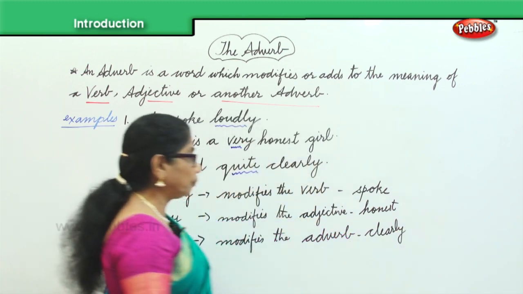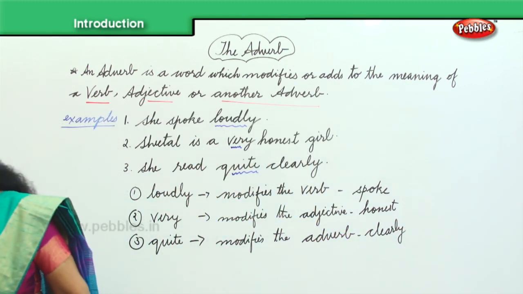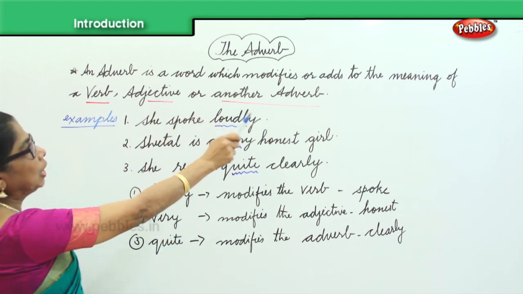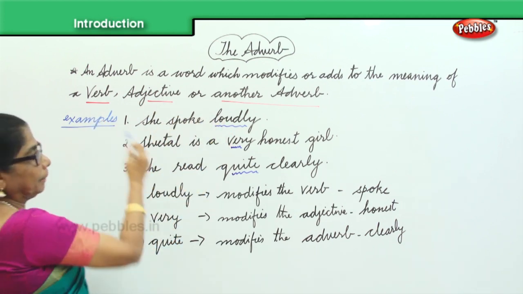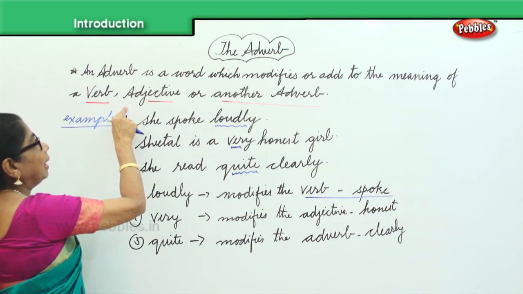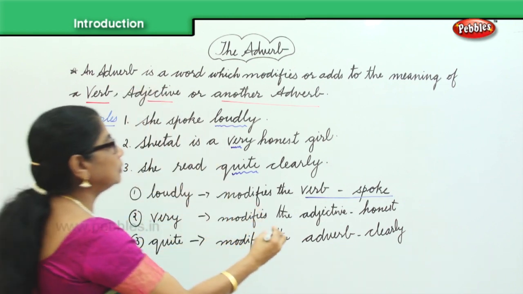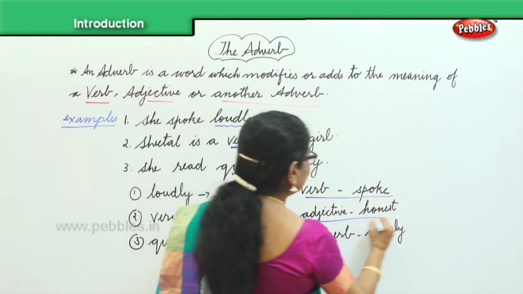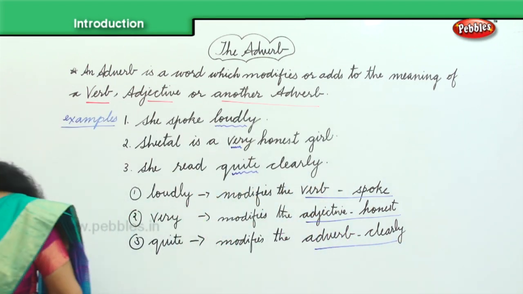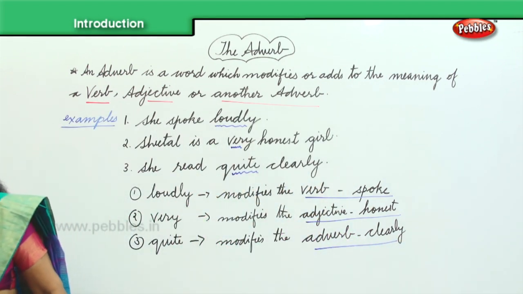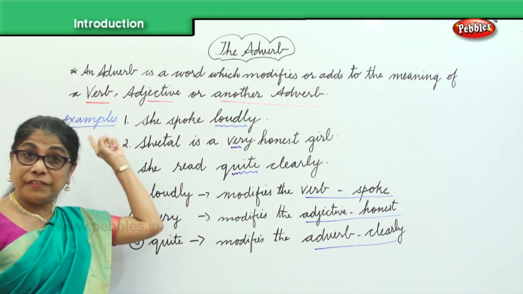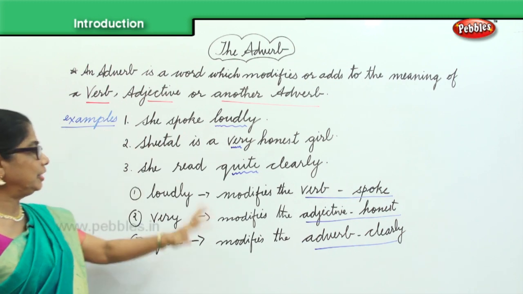Now look, we said an adverb is a word which adds meaning to the verb, then adjective or another adverb. And that's what we are looking at now. An adverb is a word that modifies the meaning of a verb. That's the first one.